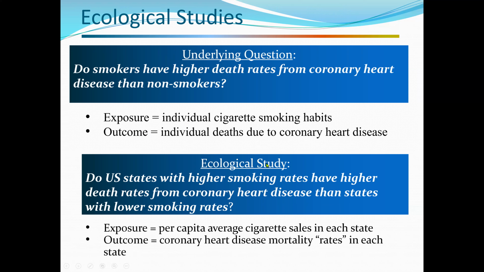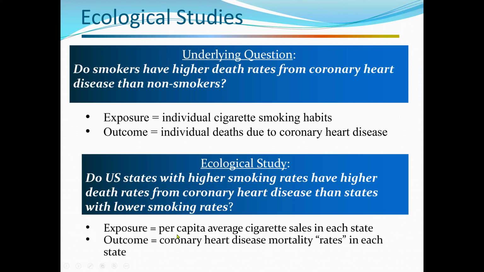Now, with ecological studies, we can also ask, do US states with higher smoking rates have a higher death rate from coronary heart disease than states with lower smoking rates? So we can see, again, ecological studies are based on grouping. Here we want to see if, in a specific region, smoking is very high, whether the chance of coronary heart disease, or CHD, will also be very high.